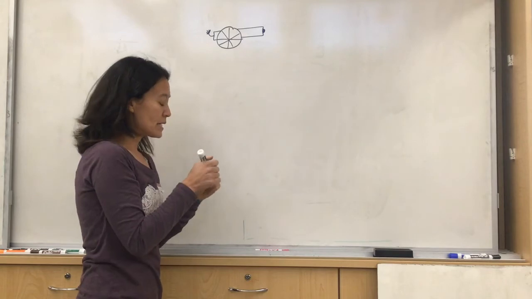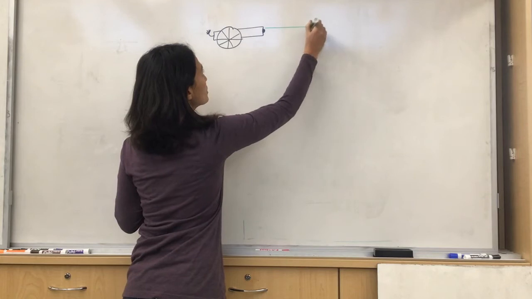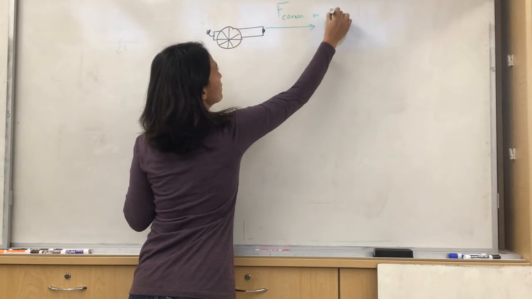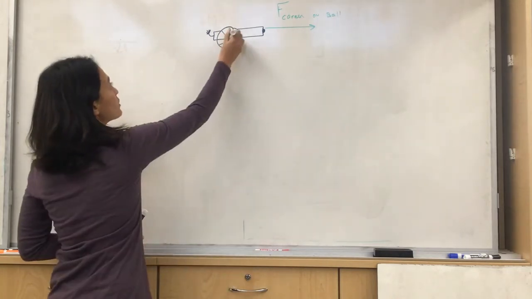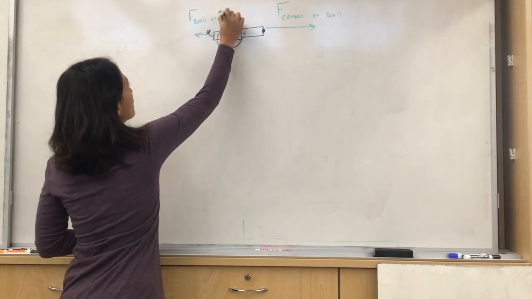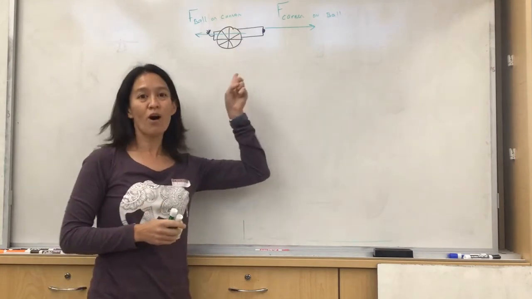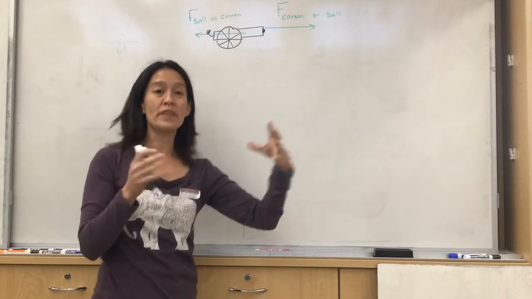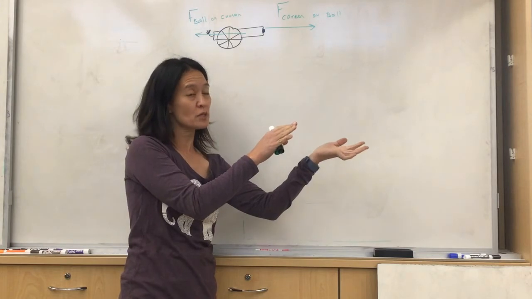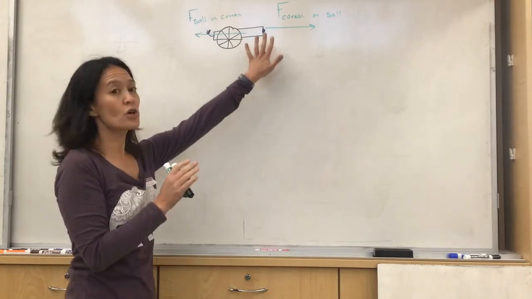And what happens is that there's going to be a force of the cannon on the ball, and then there's going to be a force of the ball on the cannon, okay? That's Newton's third law. When there's this explosion, the cannon exerts a force on the ball, but Newton's third law says action-reaction has to be true, so the ball exerts a force back onto the cannon, okay? This is Newton's third law.